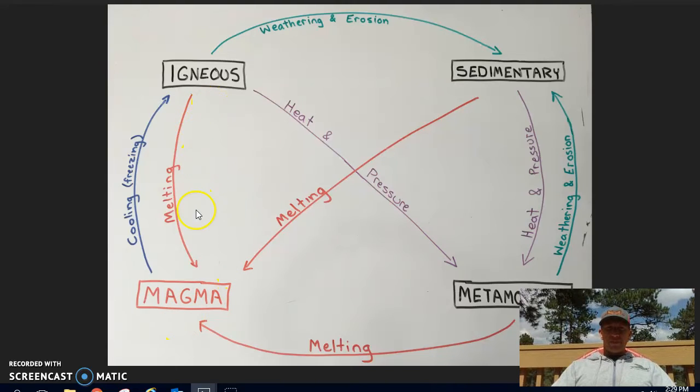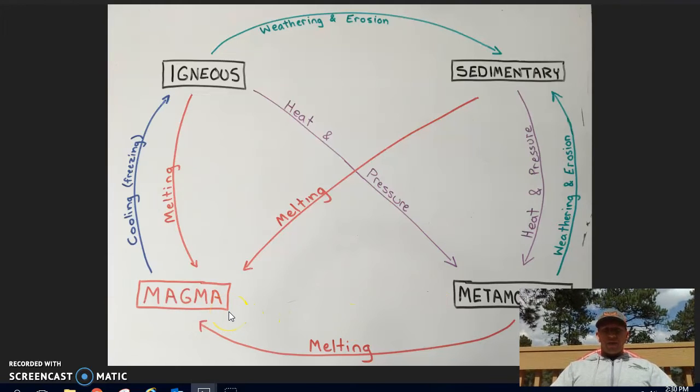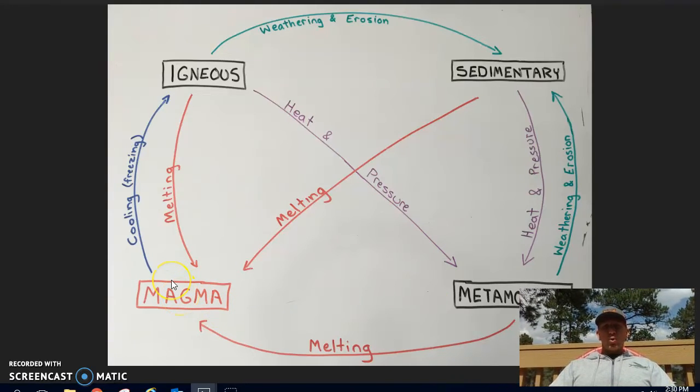If you get igneous rock that melts, if you get sedimentary rock that melts, if you get metamorphic rock that melts, it all turns into magma. That's the only thing it turns into. And interestingly enough, when magma cools, it only cools into one type of rock. So when magma cools, it turns into igneous rock only.